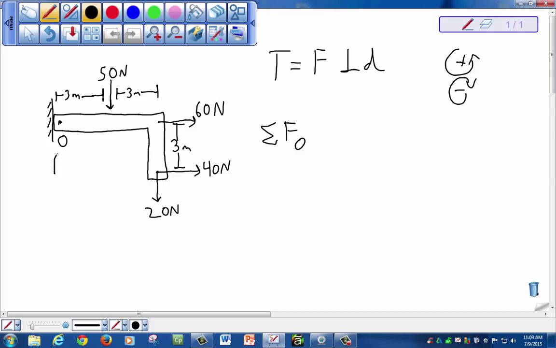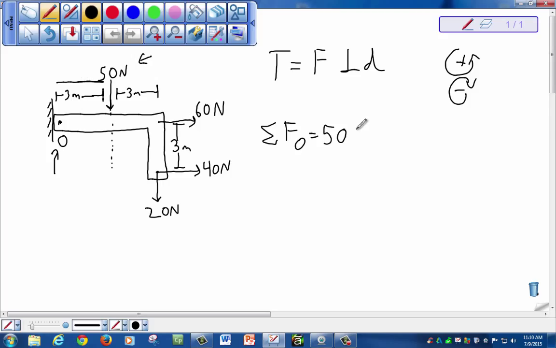Point O being right there. So first we want to notice this 50 Newton force here. So we'll note that down here. And the perpendicular distance on this 50 Newton force, if we draw the line of action here, is the distance covered right here, and that is 3 meters.